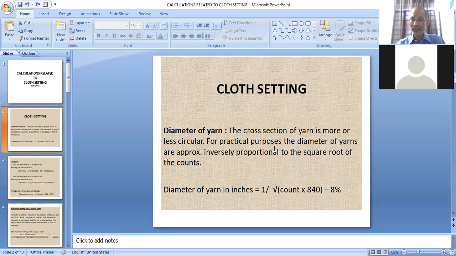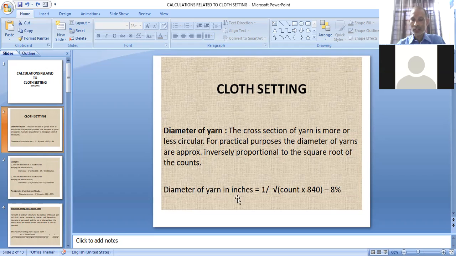So for practical purposes, the diameter of yarns is approximately inversely proportional to the square root of the count. If the count is given in different yarn numbering systems, how can we calculate the diameter of yarn in inches? That we are trying to learn in these slides.